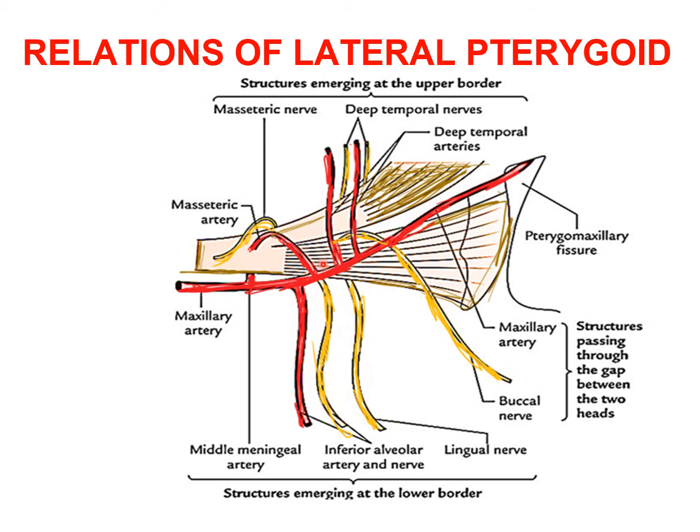The second part may run upwards, sometimes superficial or sometimes deep to the lower head of lateral pterygoid muscle. And the third part of maxillary artery dips between the two heads of lateral pterygoid muscle to leave the infratemporal fossa and enters the pterygopalatine fossa through the pterygomaxillary fissure.